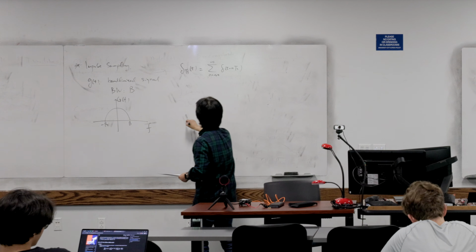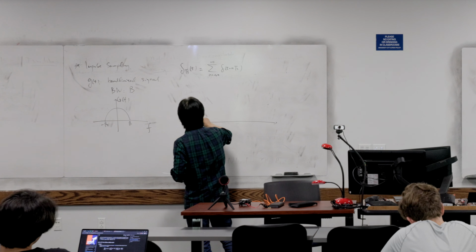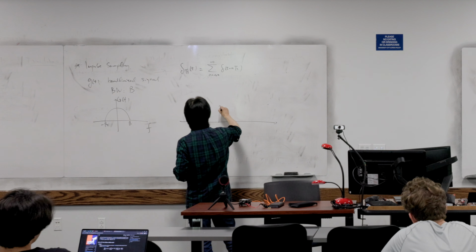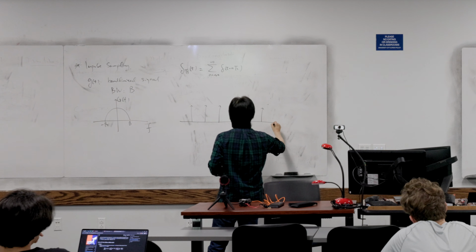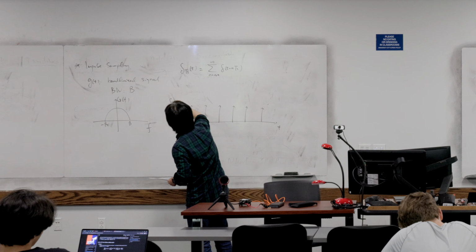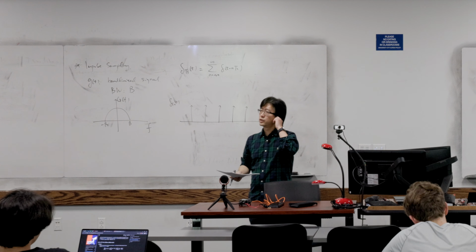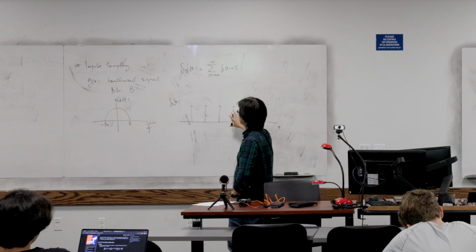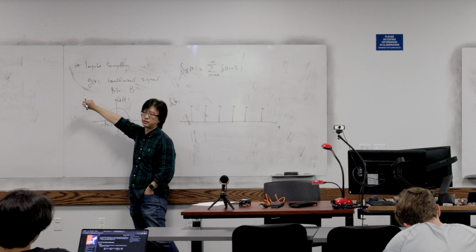This signal looks like this. It's an impulse train, something like that. This is our delta Ts of t, just a bunch of delta signals. We use this signal and multiply g(t) as a sampling behavior.